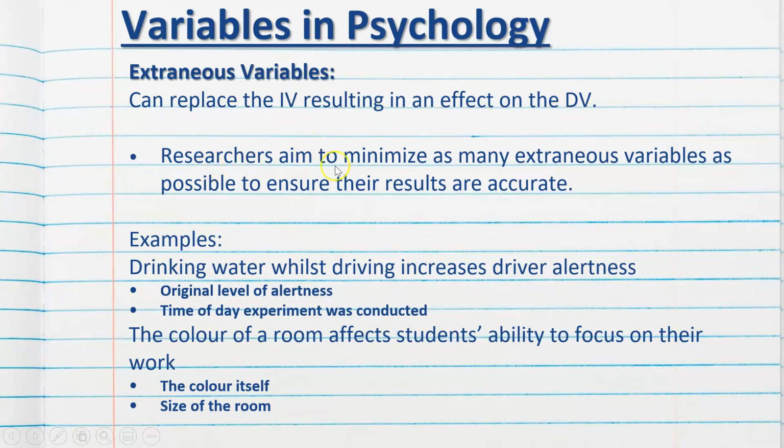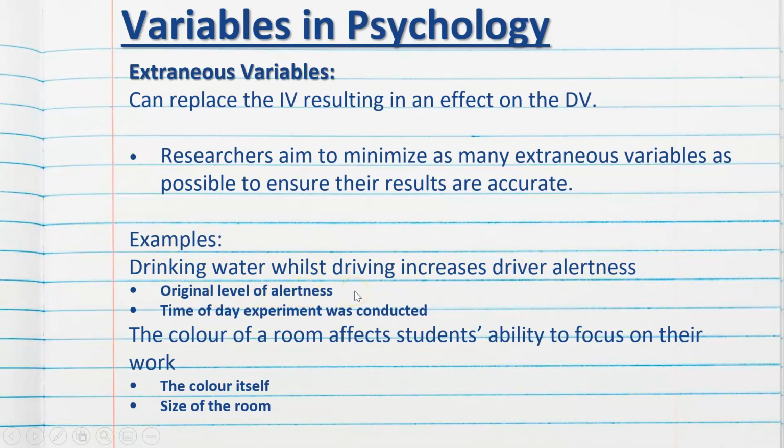So researchers will aim to minimize as many extraneous or extra variables as possible to ensure that their results are accurate. So we've got the same two hypotheses here as before, and there's lots of different extraneous variables that we would need to consider as researchers. So again, drinking water whilst driving increases driver alertness. Well, what was their original level of alertness anyway?